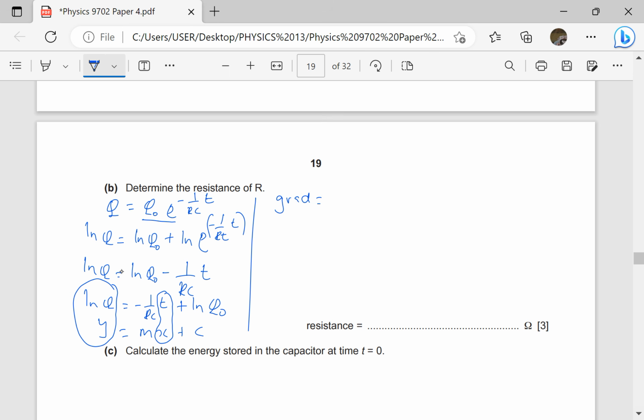The pen has jammed. Okay, here's my pen.